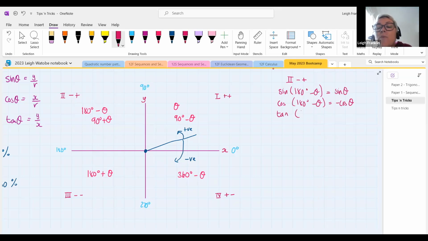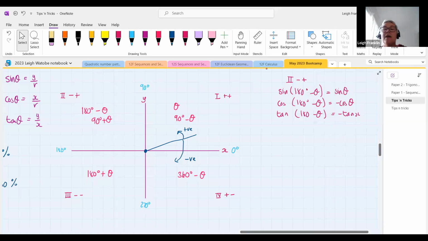The tan of 180 minus theta reduces to negative tan theta. Okay, so because cos theta and tan theta have x in them and x is negative, that is why cos theta and tan theta are negative in quadrant number 2. So basically what I'm really explaining to you here is your CAST diagram.